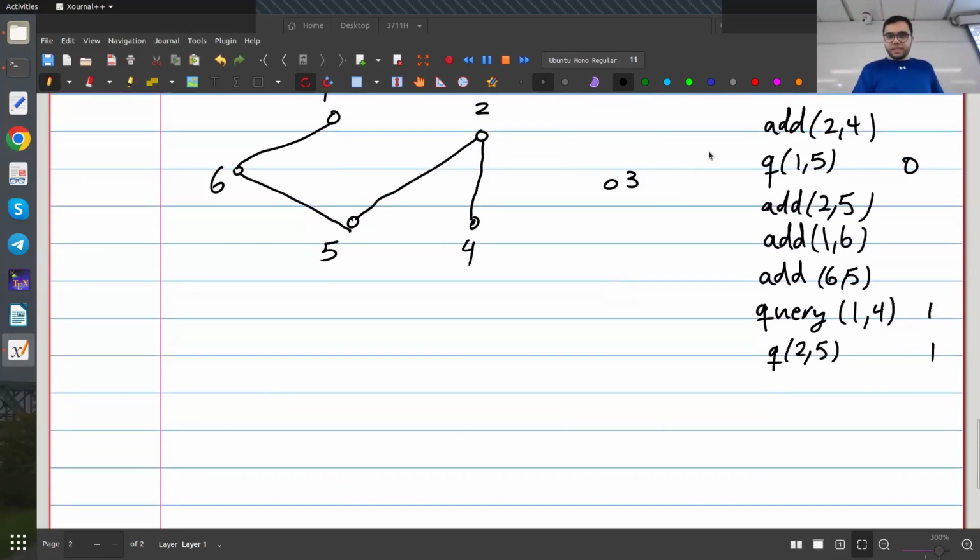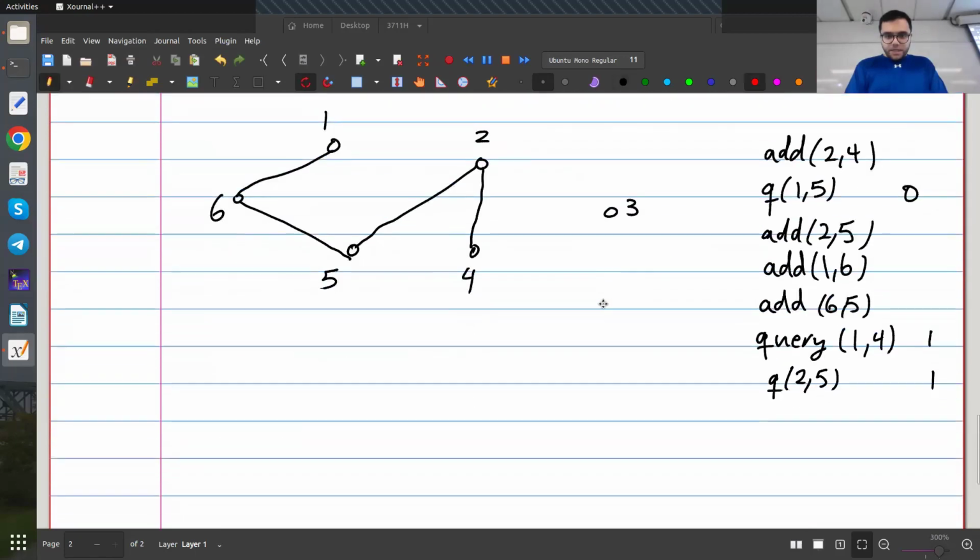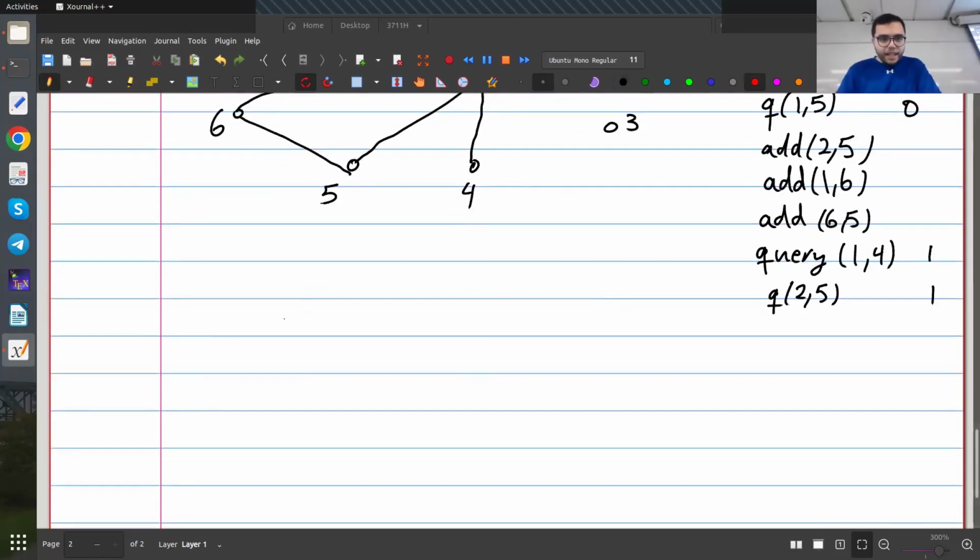So that's the obvious solution that comes to mind. And of course, instead of DFS, you can also do BFS. It doesn't really matter. So I can have a solution basically using DFS or BFS.